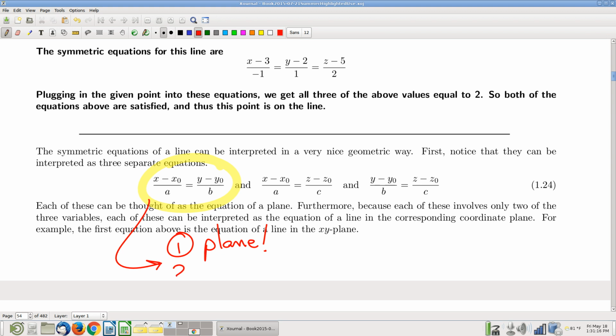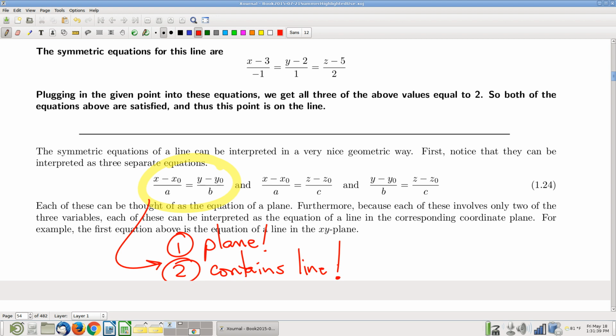Second thing, this contains the line. Now, how do I know that? What I mean by this plane contains the line is if you give me any point on the line, I claim that that must be on this plane. Now, let me say that algebraically.